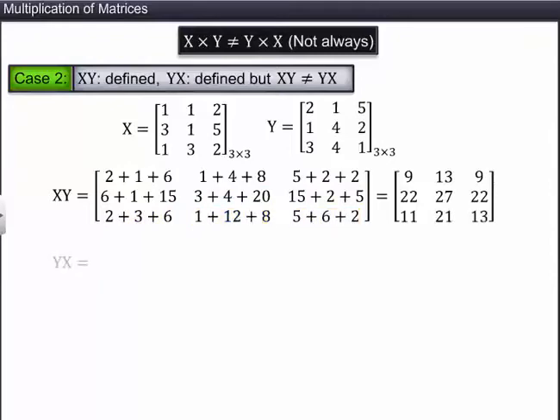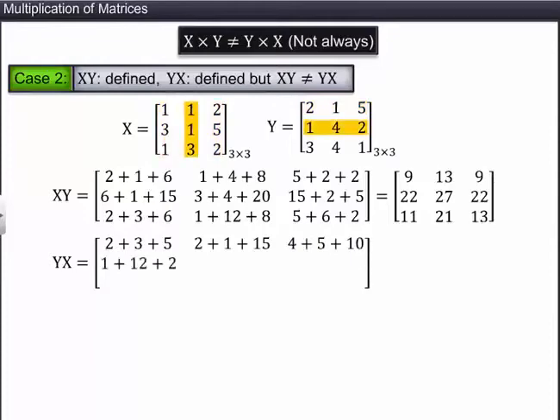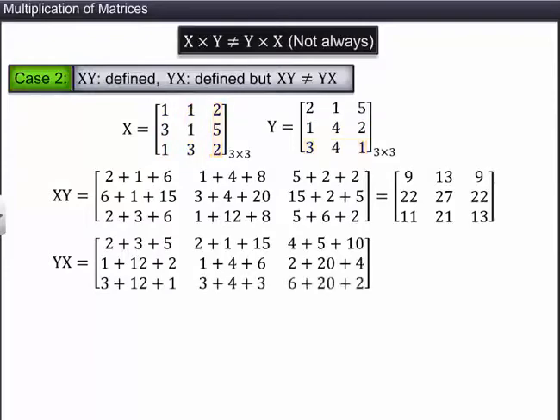Y multiplied by X is as shown. We can observe that though XY and YX are both defined, the matrices are not equal.